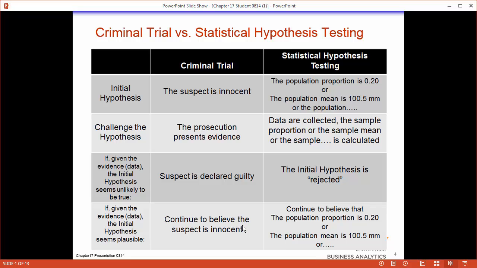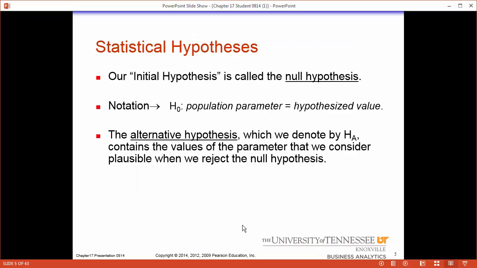So, moving on. This is our notation right here. Our initial hypothesis, as we said, is called the null hypothesis. The null hypothesis meaning we have no knowledge. The specific notation we will use is the null hypothesis is stated such that a population parameter is equal to a hypothesized value.